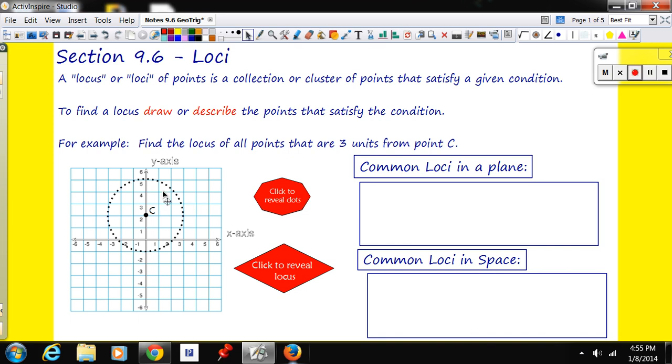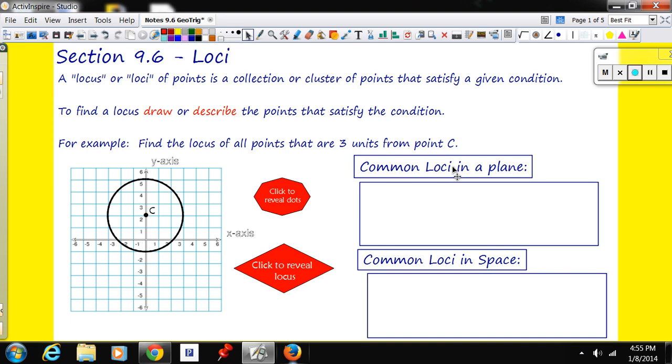All those dots would be 3 units away from point C. So the locus would be a circle, because every single one of these points is 3 units away from point C. It's a collection of points that describes a condition, so that means the locus would have to be a circle.